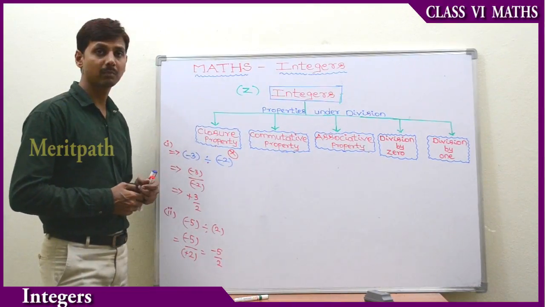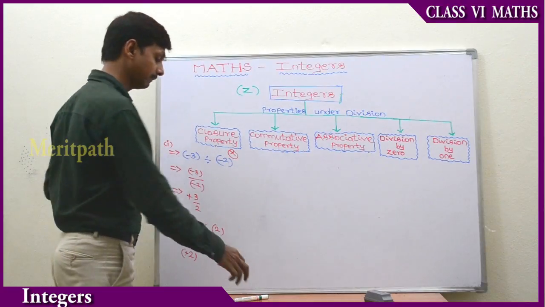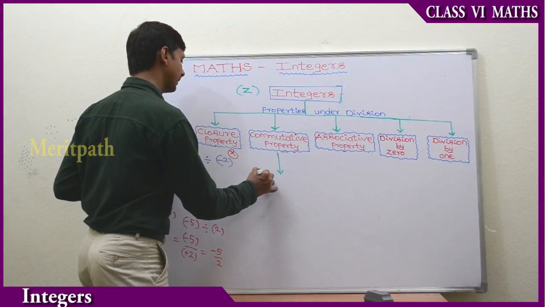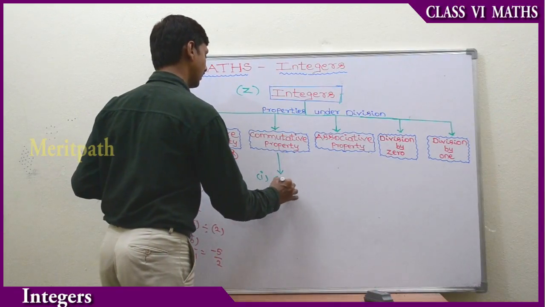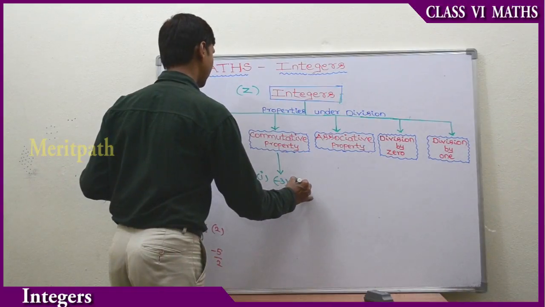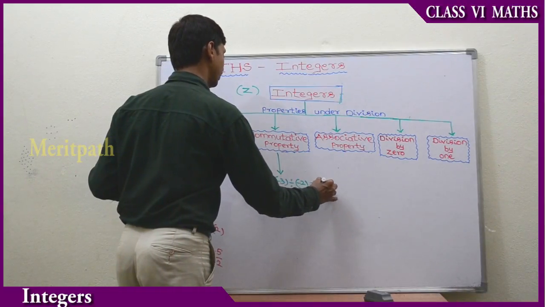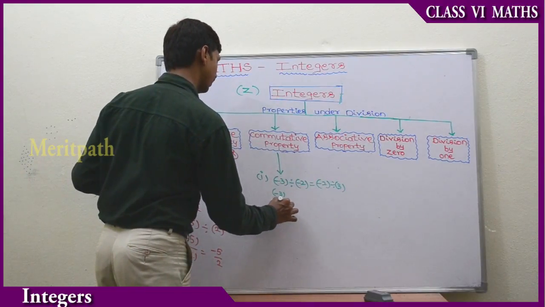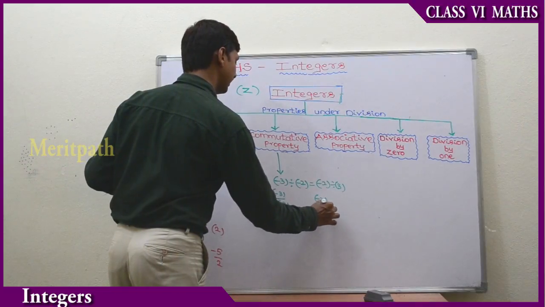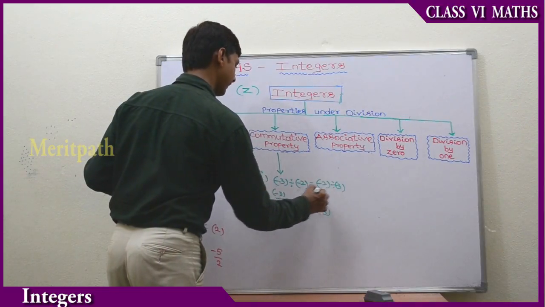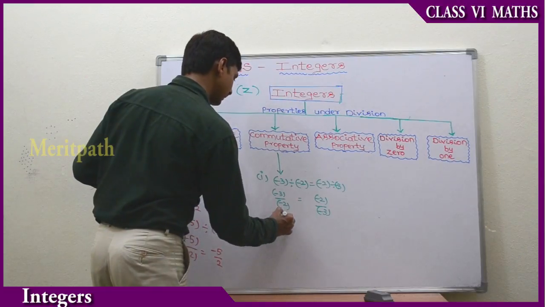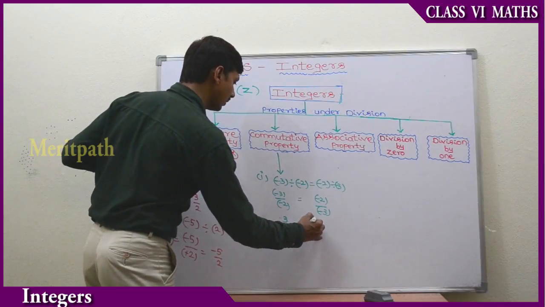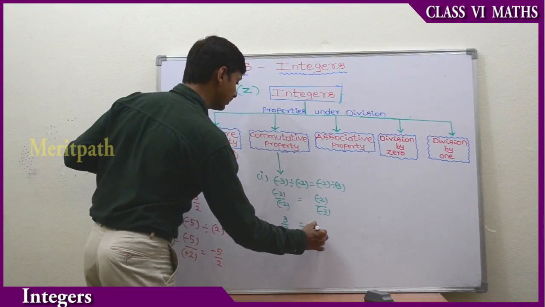So let's go to the next property, that is commutative property. If you take integers, -3 divided by -2, and -2 divided by -3. So we'll be getting 3 by 2, because minus by minus we get plus, 3 by 2, and -2 divided by -3 will be 2 by 3.